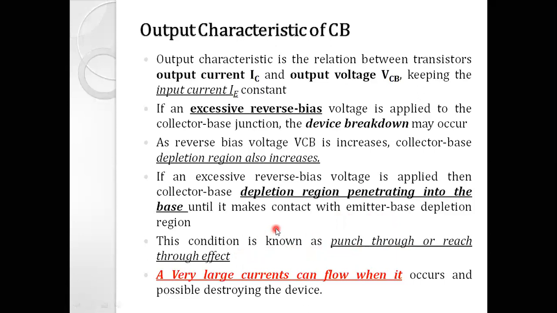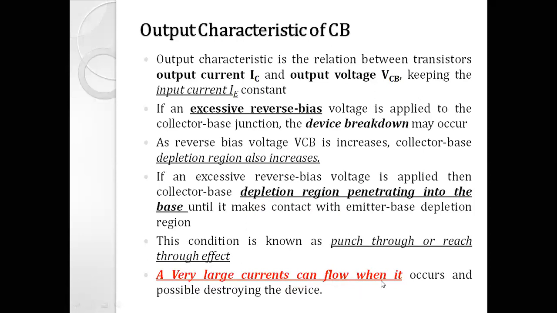When these two depletion regions touch each other, that condition is known as the punch through effect, or the reach through effect. That means the second depletion region reaches the first depletion region, and because of that a very large current flows through the transistor, and sometimes it may damage the device.